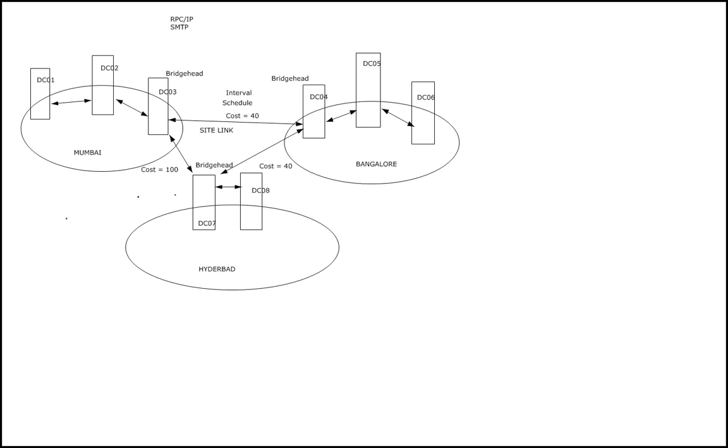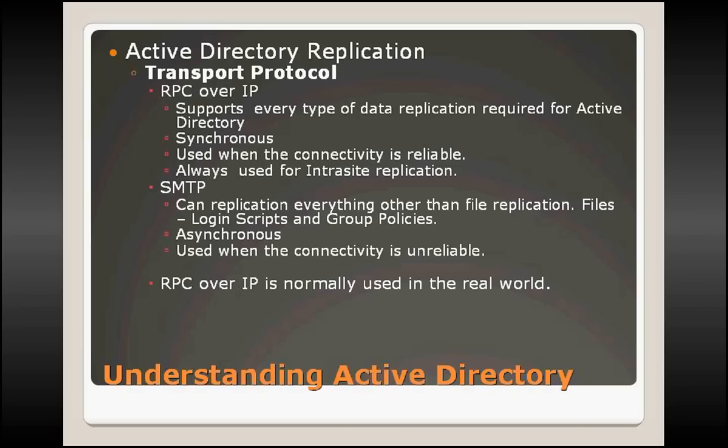And not only that, internet is getting much cheaper and connectivity is getting more reliable than earlier. So you may find RPC over IP being used between sites, and you may find SMTP very rarely. That's about the site links and the transports that are used with the site link.